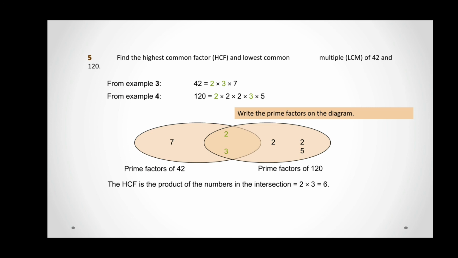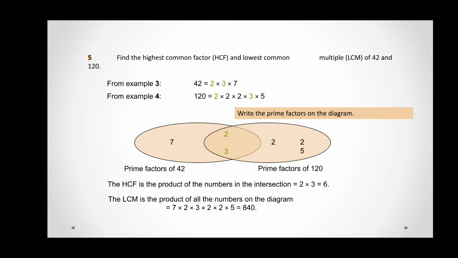Okay, it's very easy to find HCF. We have to take only the common factors, then multiply them. 2 into 3 is 6. So then how to take the LCM? LCM is also easy. First take the HCF, that is 6, then multiply the other factors by the HCF.